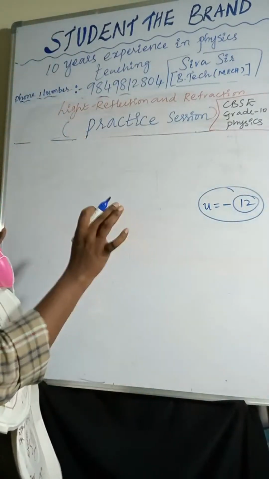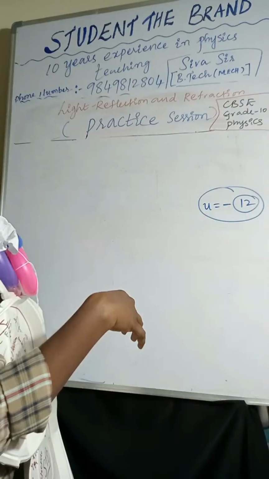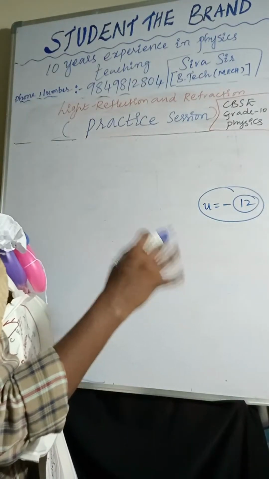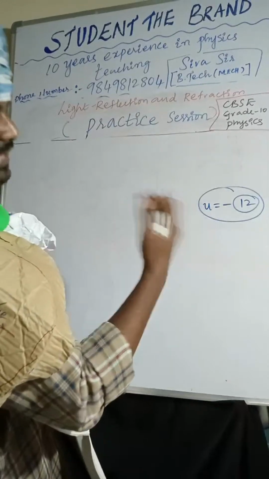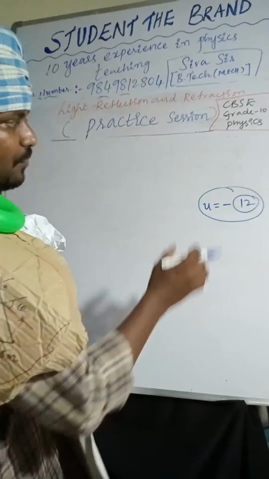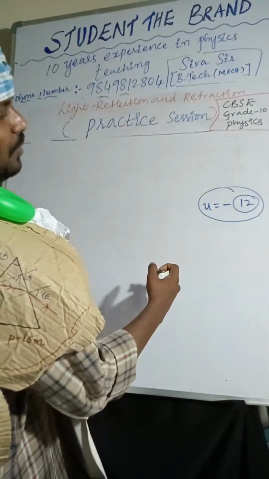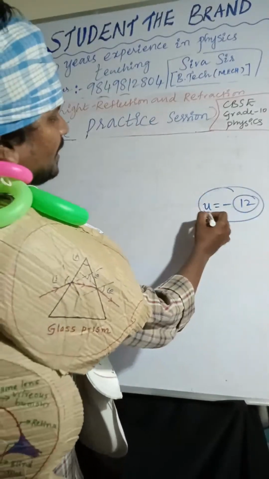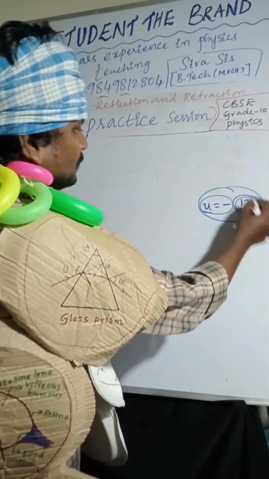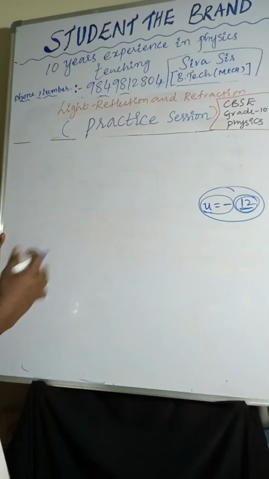That x is the distance, not with sign, Pranjal. x is only distance. How much distance am I saying? From pole to focus. So the sign is automatically minus, so you have to place 12, not minus 12. Is it clear?